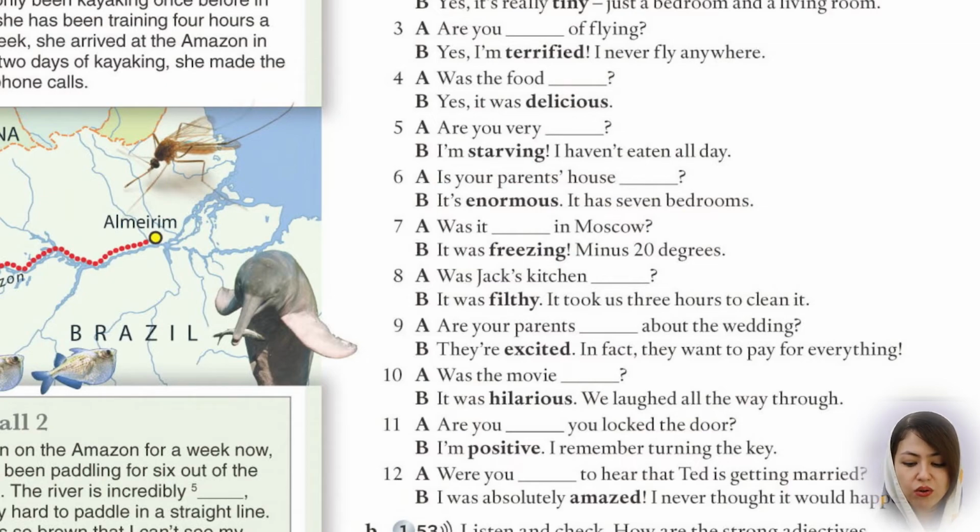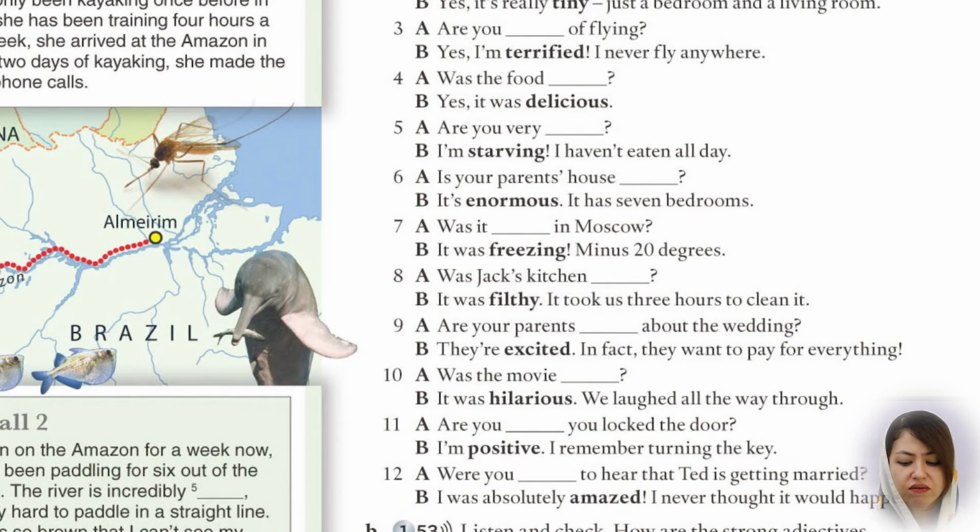Are you sure you locked the door? I'm positive. I remember turning the key. Positive. What is the normal adjective? Sure. Are you sure you locked the door? Okay, next. Were you surprised to hear that Ted is getting married? I was absolutely amazed.